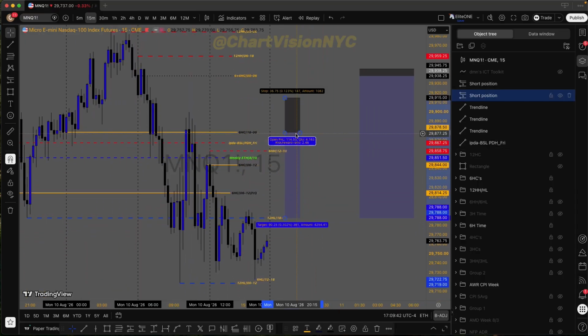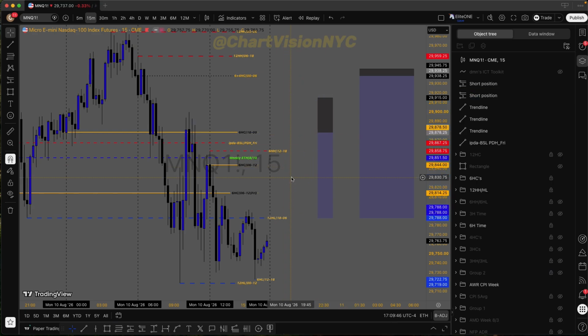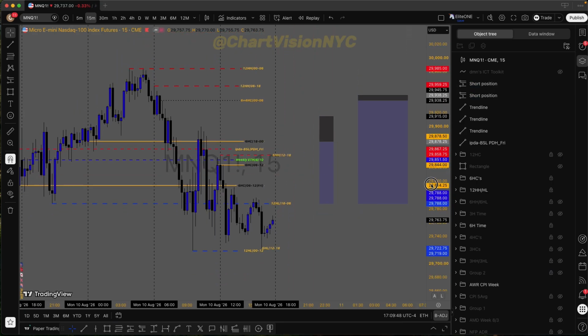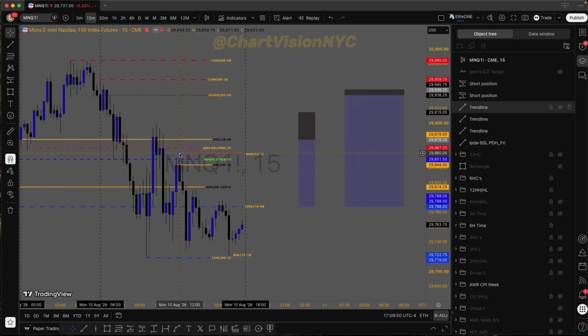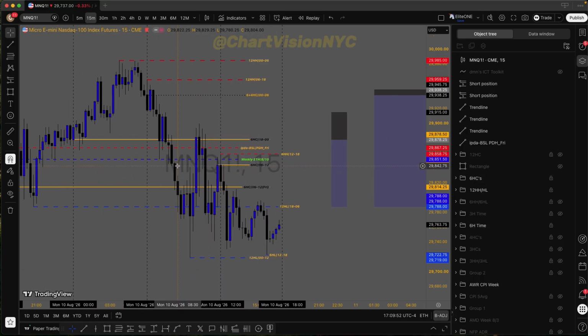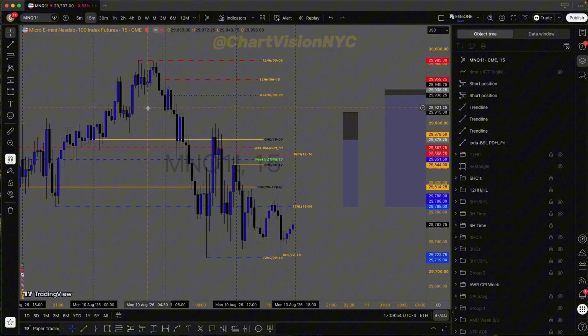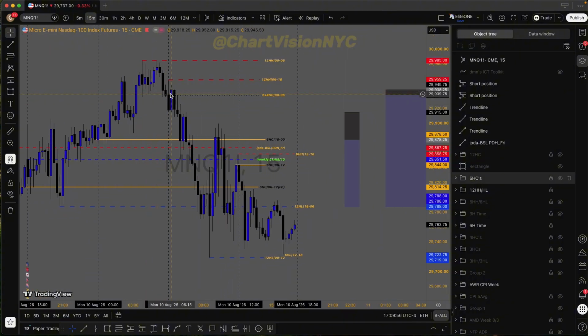So no, a closing price of a candle is not a draw on liquidity, but what you need to understand is how the draw forms. So what do you see here? Here is the 6 a.m. to 12 p.m. high, and do you see how that marks the high of that 12-hour period?